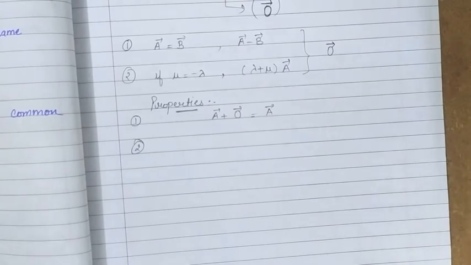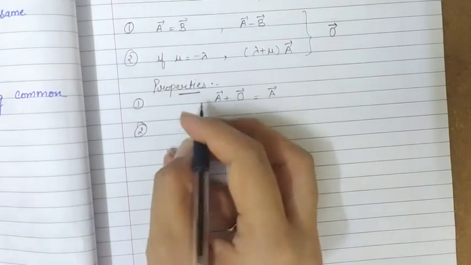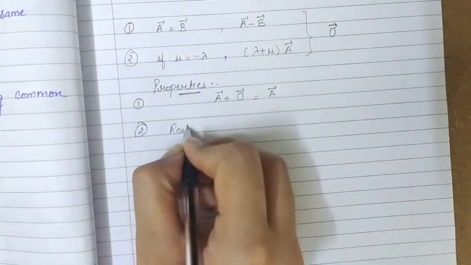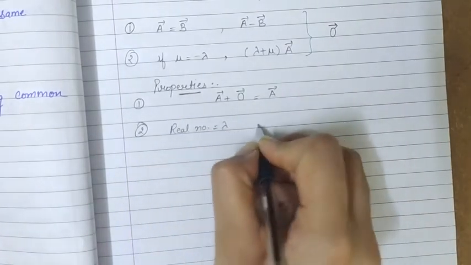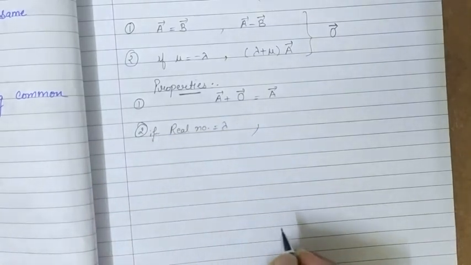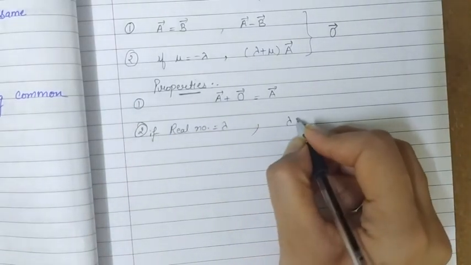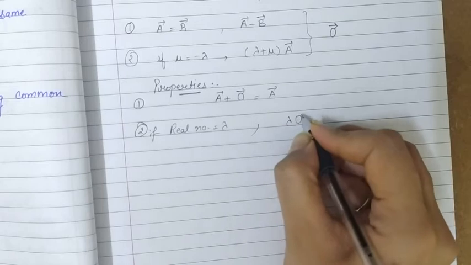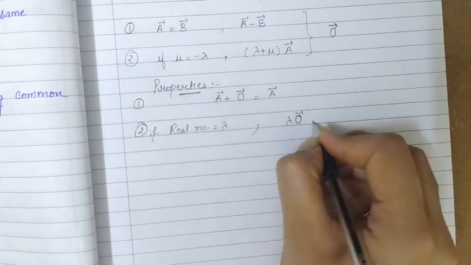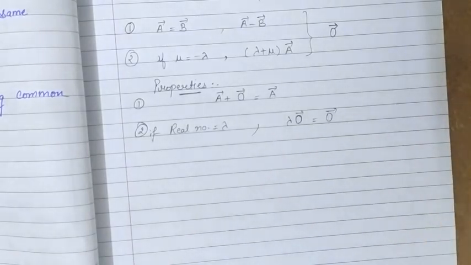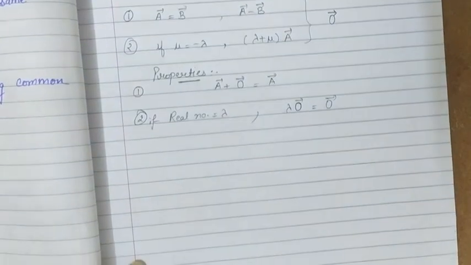Second is, whenever a real number is multiplied by a zero vector, we get a zero vector. So if we have a real number lambda, and we multiply this number by zero vector, we will get zero vector only. The answer will be the same, that is zero vector.